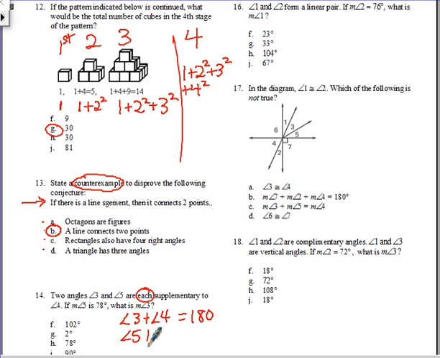Angle 5 plus angle 4 equals 180. Then we know that angle 3 and angle 5 are the same. So if we do 180 minus 78, this is equal to 102 degrees, which is F. Questions? Move on.